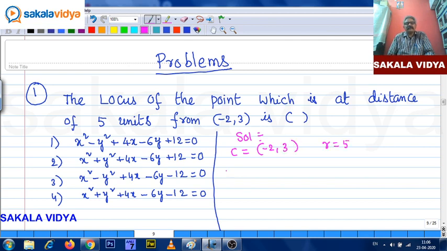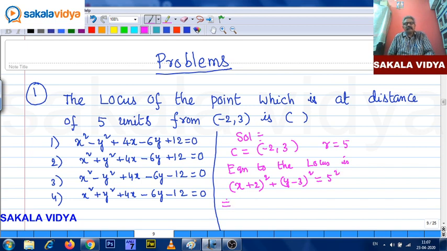Now, the equation to the locus you need to find out. The equation to the locus is x plus 2 whole square plus y minus 3 whole square equals r square, that is 5 square.